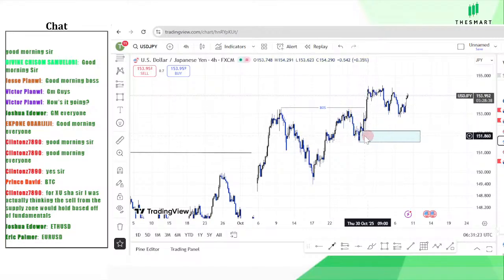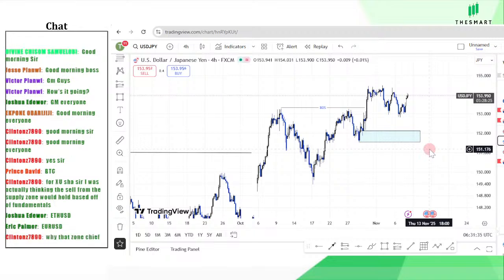So since price hasn't taken out this low, we actually want to see this price come back into this level here, this level.